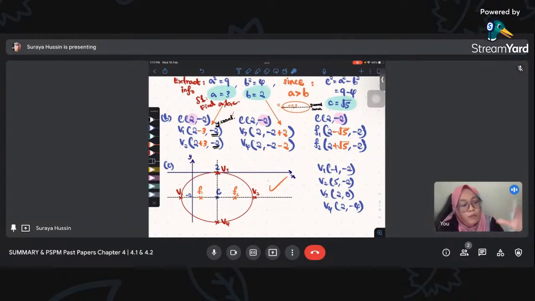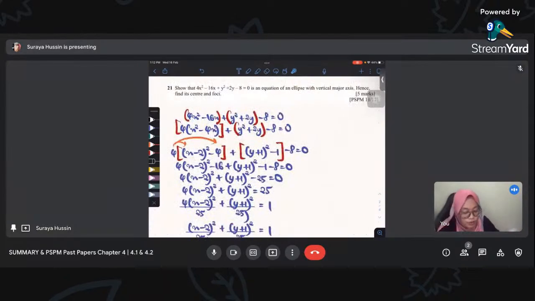Ellipse and parabola lah yang paling boleh dapat full marks. 10 marks, 12 marks is in your hand lah. This is subjective questions. Dengan syarat faham kedudukan ellipse, faham vertices dekat mana, faham foci dekat mana. Yang paling penting sekali, faham center dekat mana. Kalau you tahu center dekat mana, you memang boleh buat the rest of it. Okay. And so, itu sajalah dari saya.